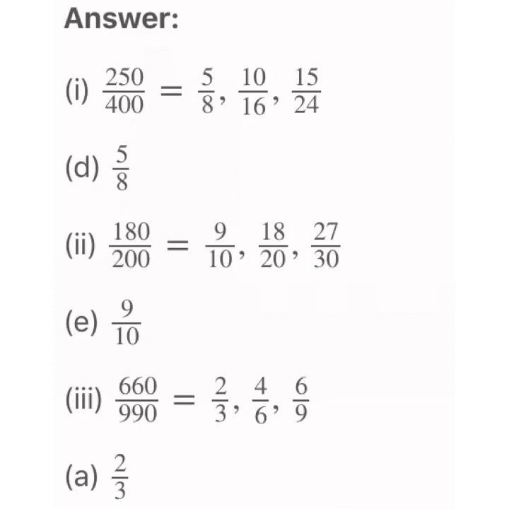Now the third one is 660 upon 990. Here the match for this fraction is 2 by 3, and the two equivalent fractions for 2 by 3 are 4 by 6 and 6 by 9.